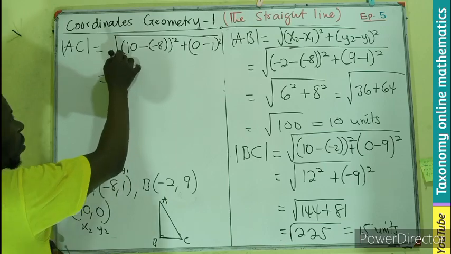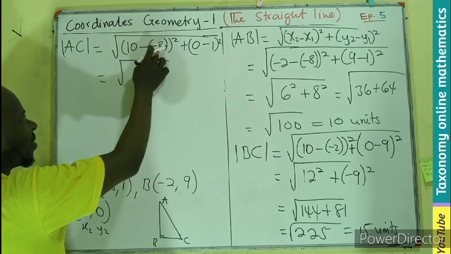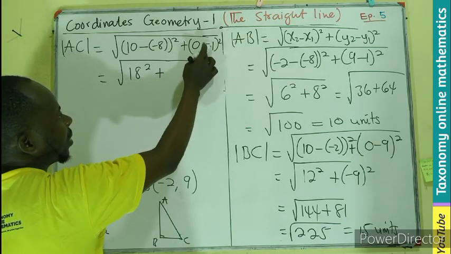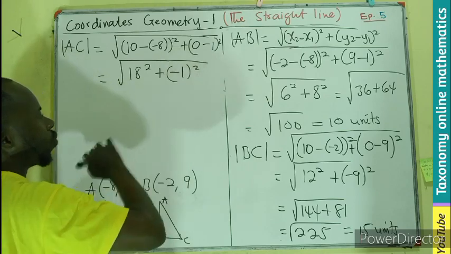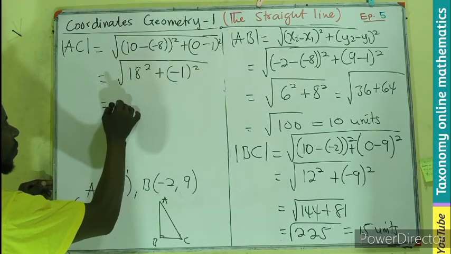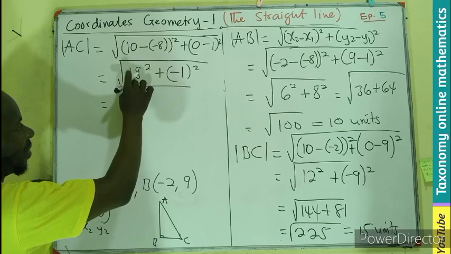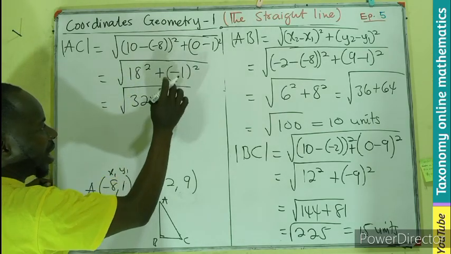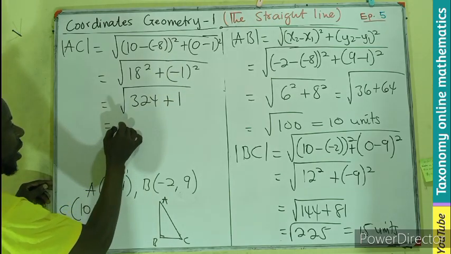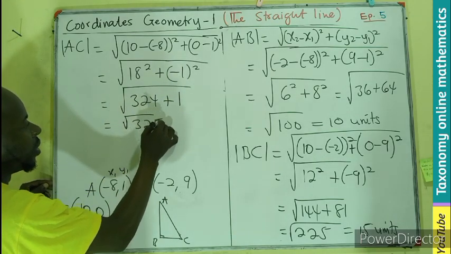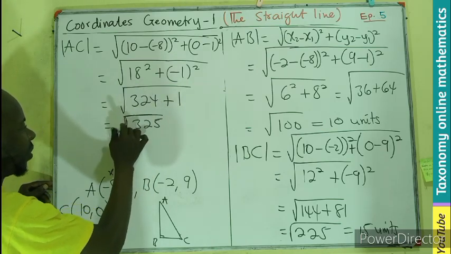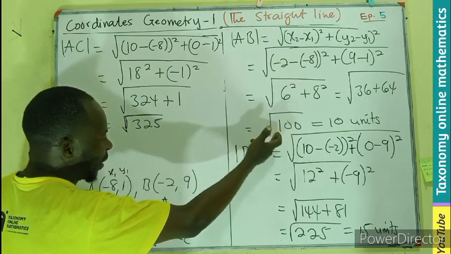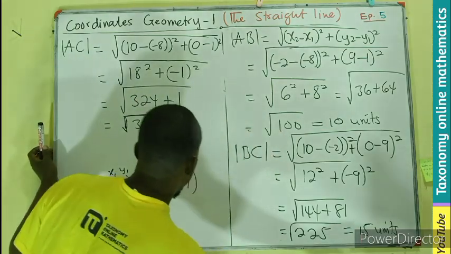This will be giving you plus. So 18 square plus negative 1 all square. From here, if we find the root, 18 times 18 will be 324. Negative 1 times negative 1 will be 1. So that will be giving us the root of 325. And 325 is not a perfect square, so we can maintain it.